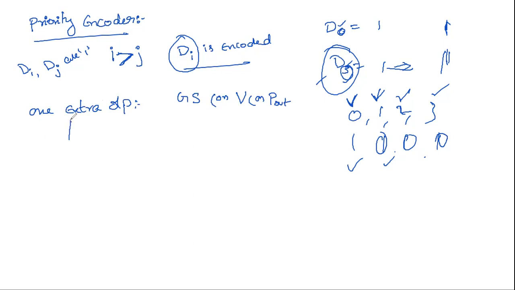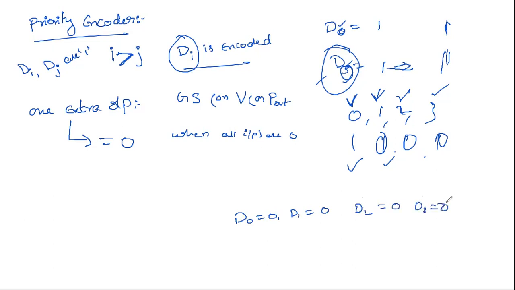This extra output is equal to 0 when all inputs are 0, means D0 is 0, D1 is 0, D2 is 0, D3 is 0, then V is 0. In all remaining conditions, the output is 1.